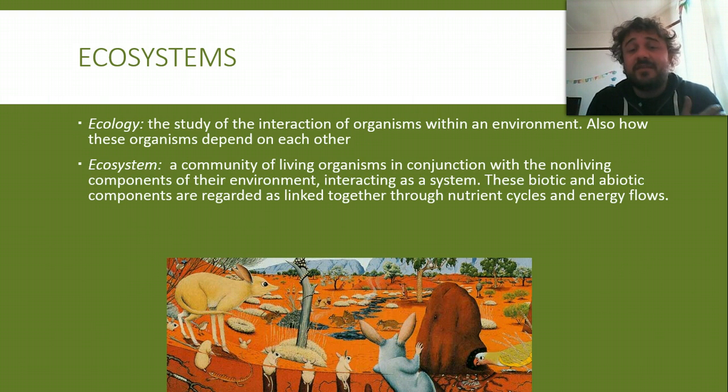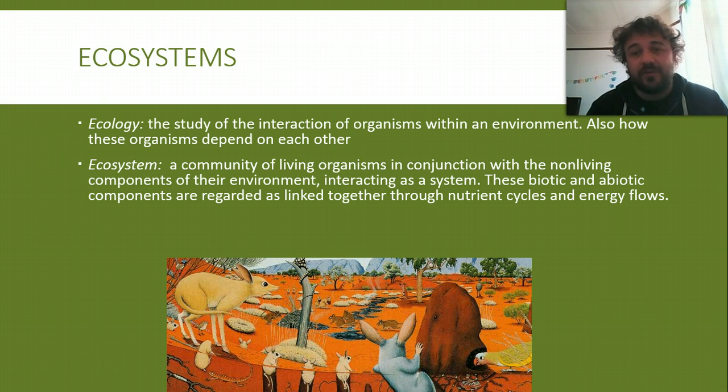Okay, so an ecosystem is basically a community of living organisms, and they all live in conjunction with the non-living components of the environment, and these interact as a system. Hence the phrase ecosystem. So there are biotic factors and abiotic factors. Now, biotic factors are the living factors. Abiotic factors are the non-living factors. And this doesn't mean dead.